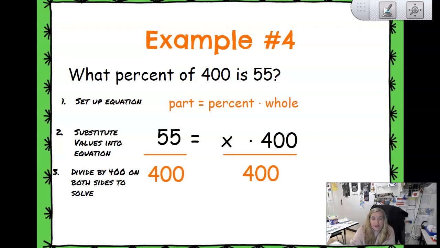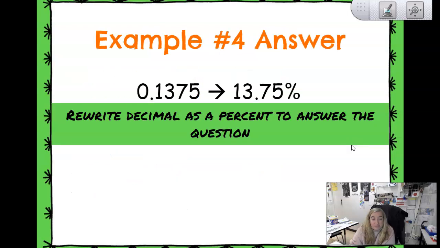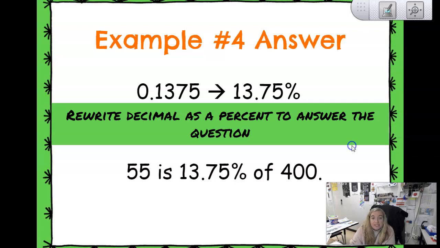And when I simplify, I'll get x equals, and then 55 divided by 400 is 0.1375. And again, that's the decimal form. You still need to put it into a percent. So to put it as a percent, shift the decimal 2 spaces to the right, and you would get 13.75%. So 55 is 13.75% of 400.